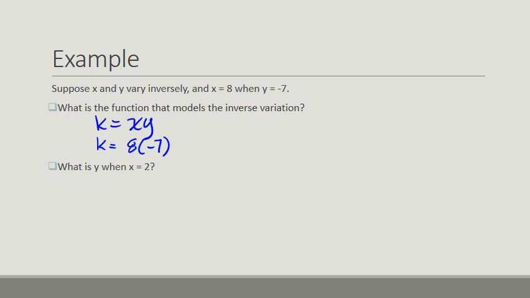So if we're going to put it into the equation, we're going to do -56 equals xy. That's a perfectly good model. Or -56 over x equals y. I would accept either of them.